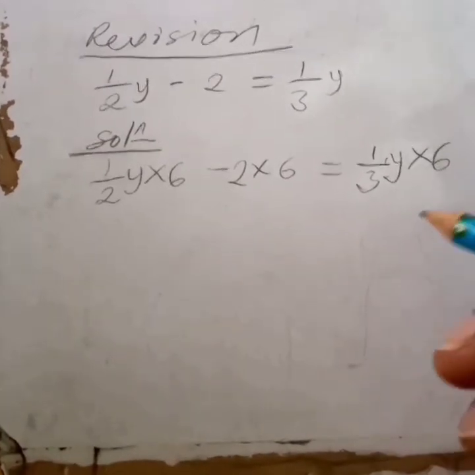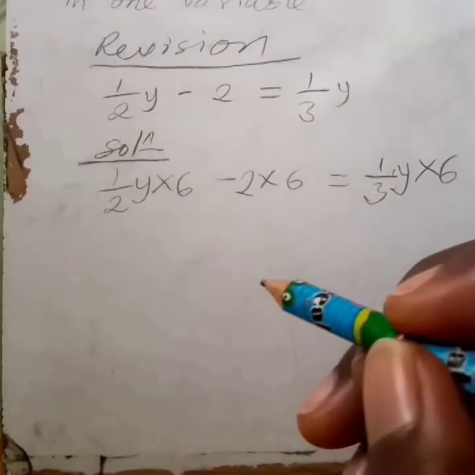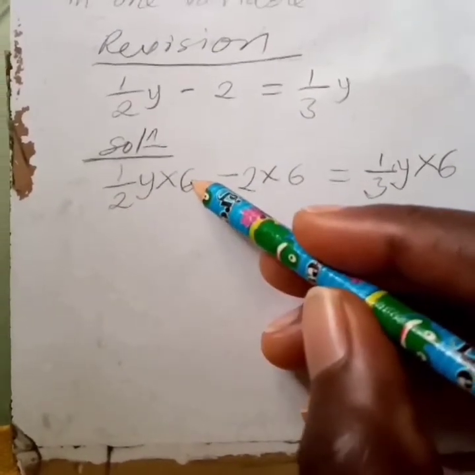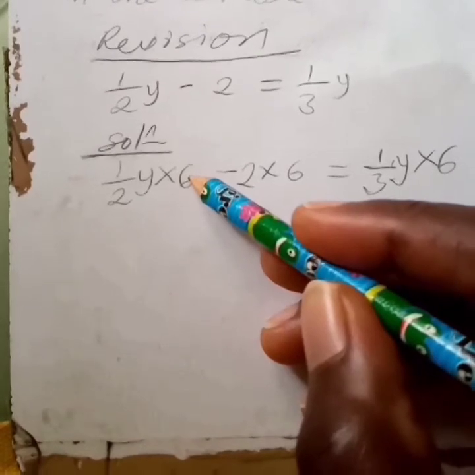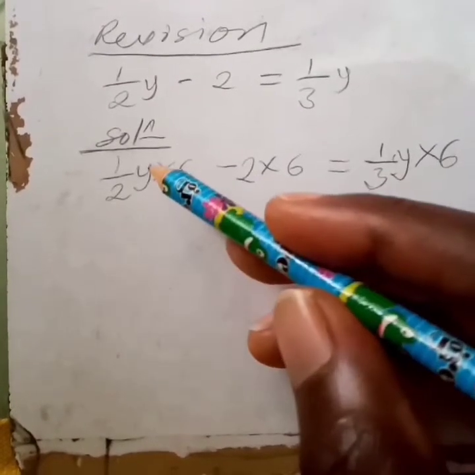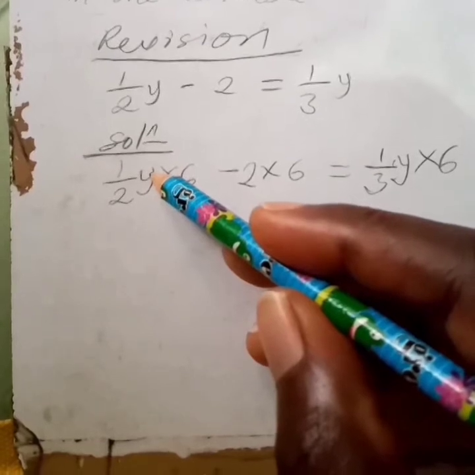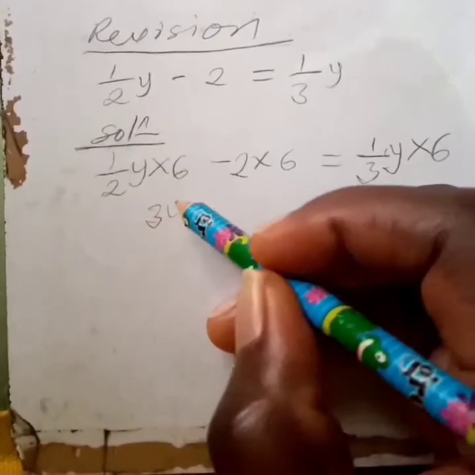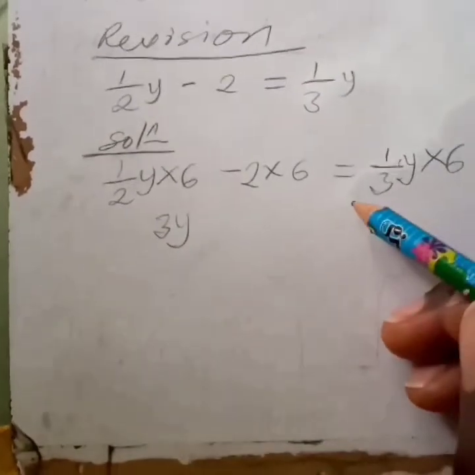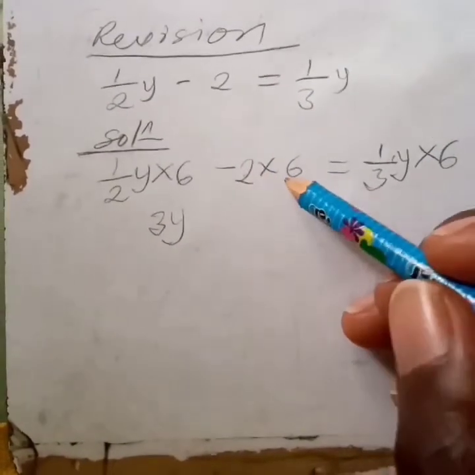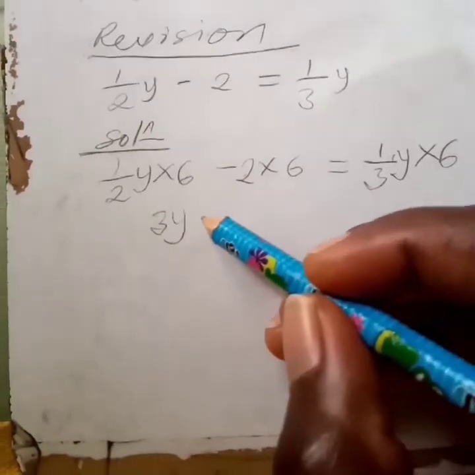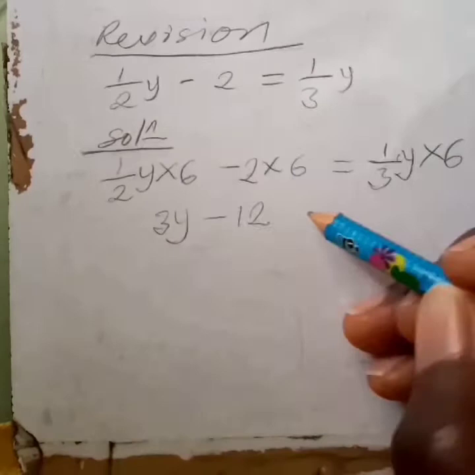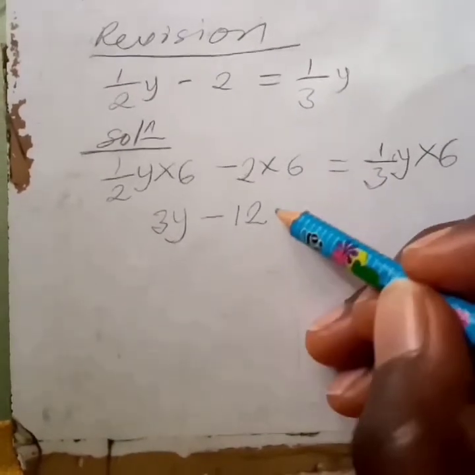We all know that 3 goes into 6 two times, and therefore 2 multiplying y would give us 2y. Then negative 2 times 6 would give us negative 12. Then the next thing is our equal to sign.